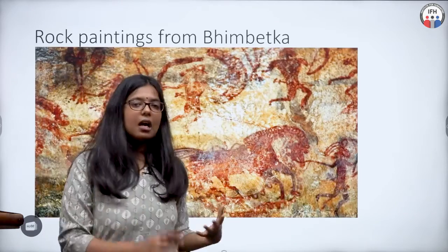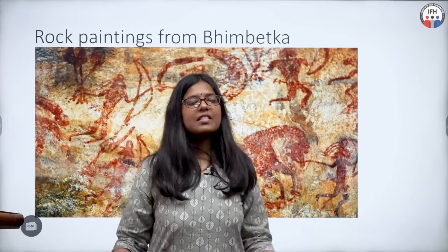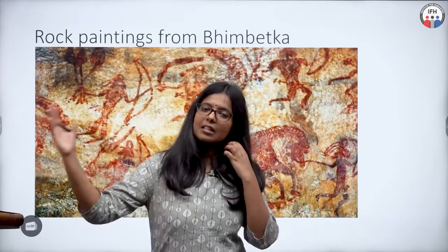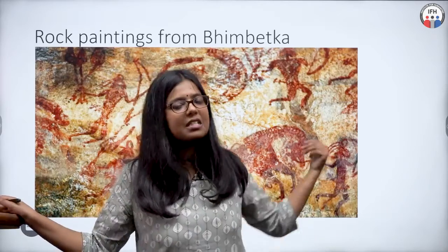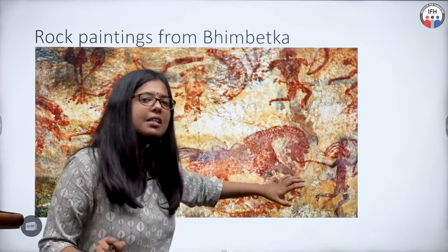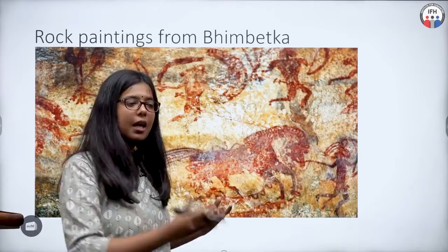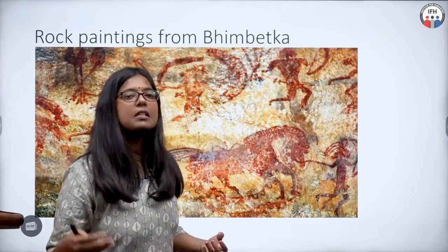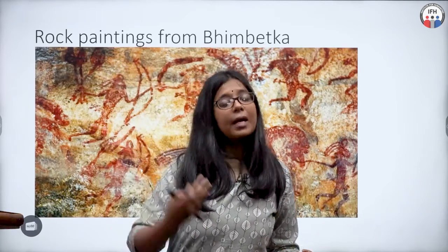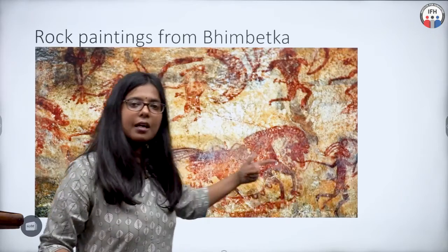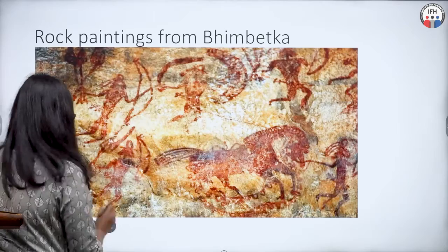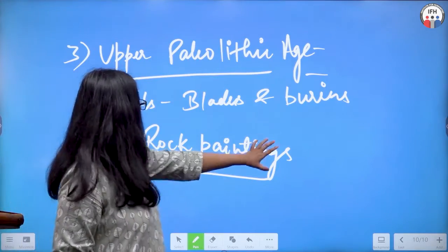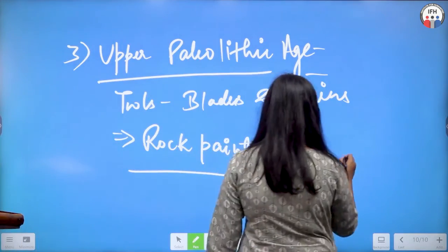So they'll paint their own lifestyle, they'll paint the animals that they are looking at, they'll paint themselves, they'll paint their daily activities in these paintings. And these paintings are also going to evolve gradually. When you will look at Mesolithic paintings or Neolithic paintings, they are also getting finer day by day. So this is another dimension which is getting added in the life of Paleolithic people, and it started from Upper Paleolithic age.